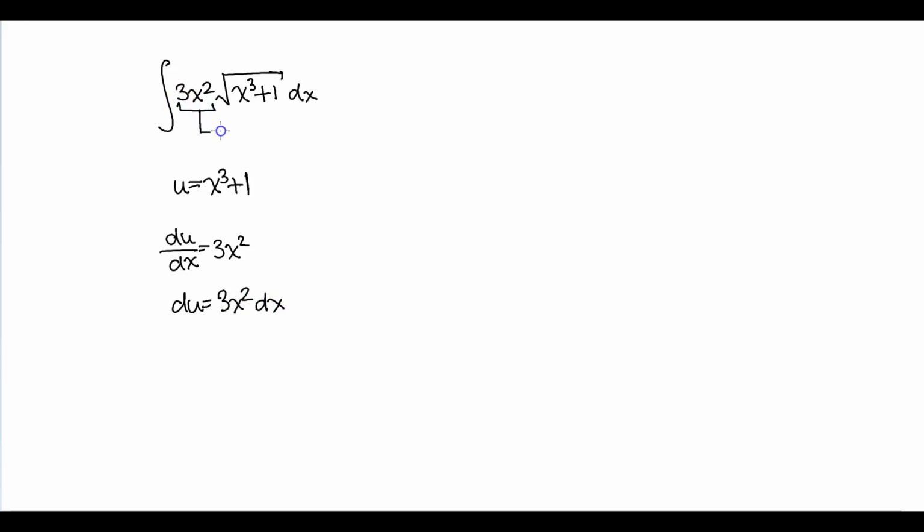So we substitute all the necessary variables. This is du, and this part, x cubed plus 1, will be u. So we rewrite the integral to be the square root of u du.